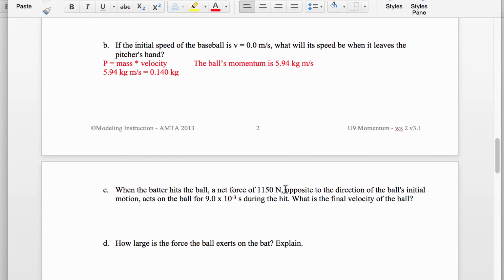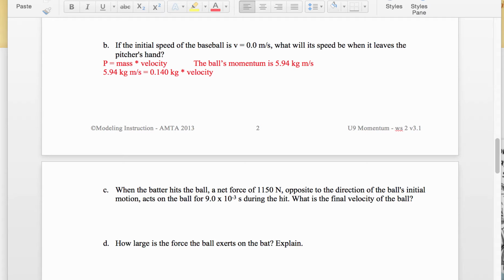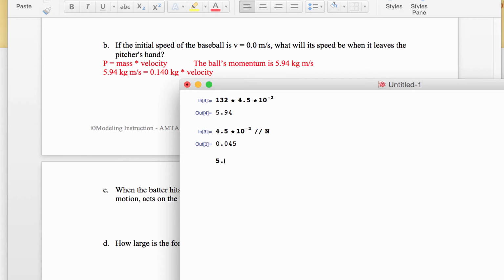Okay, so anyway, times some velocity. So we have a number times a number times some unknown. So we do algebra. We divide both sides by 0.140. Let me show you that over here. If we know that 5.94 equals 0.140 times some unknown v, that means we divide both sides by 0.140 because you always divide to get rid of factors.